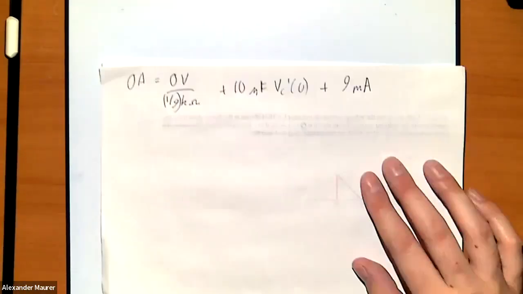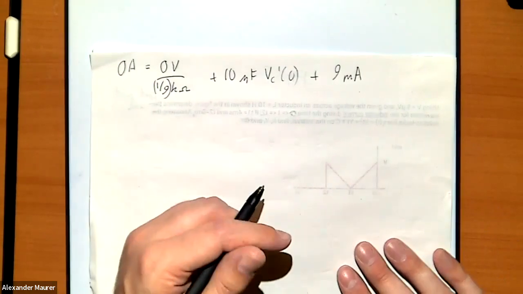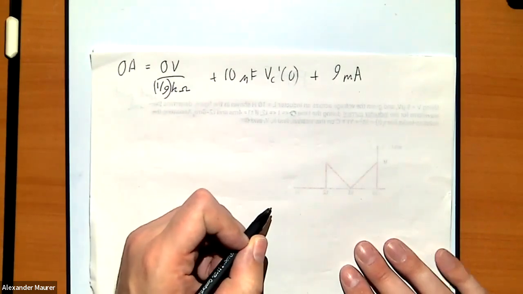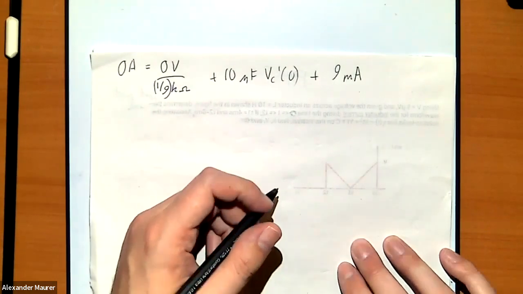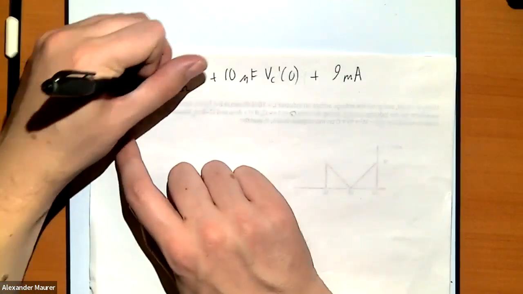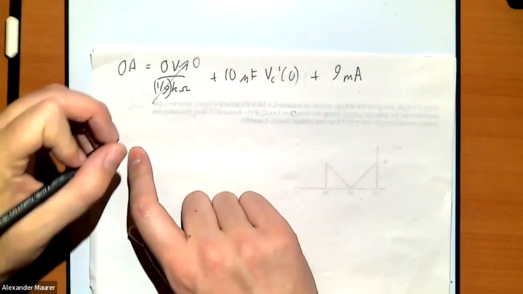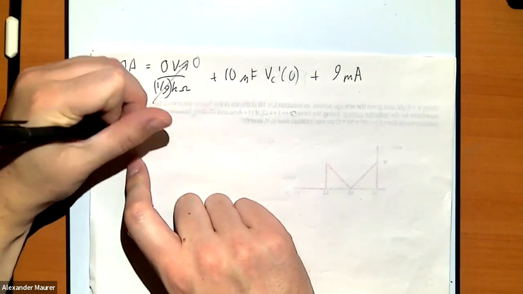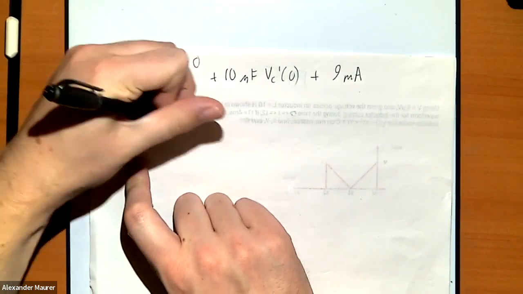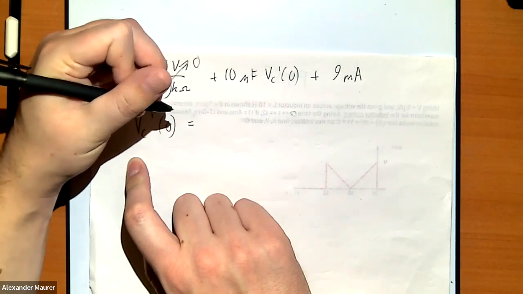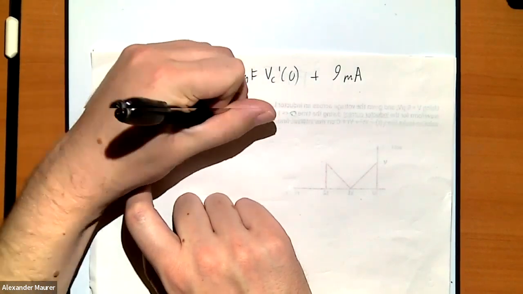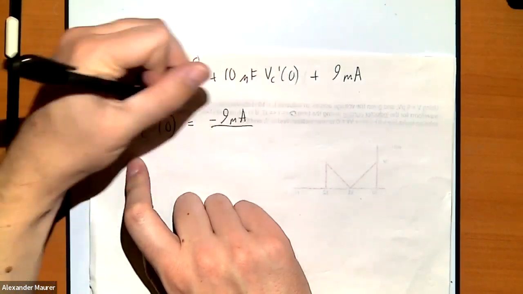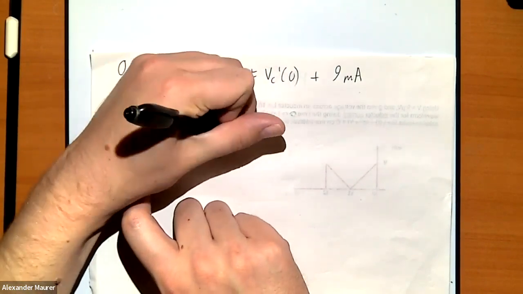I was just dropping that information in here. So that goes to 0. And so then we get that VC prime of 0 is equal to negative 9 mA over 10 microfarads.